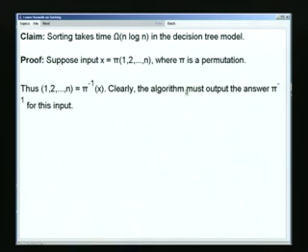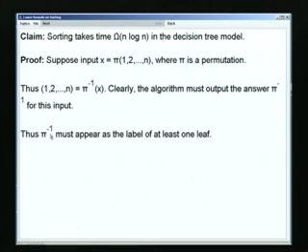So the answer essentially must be pi inverse. Essentially pi inverse must appear as the label of at least one leaf, because that leaf must have somehow identified this permutation, and only then can it name how this permutation can be unscrambled to get 1 to n.